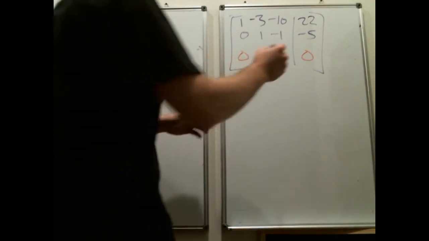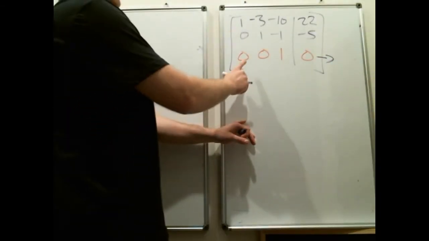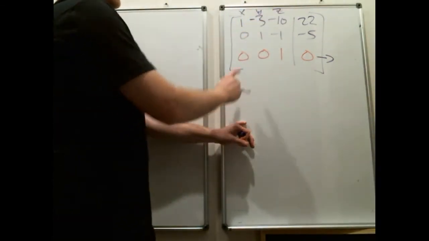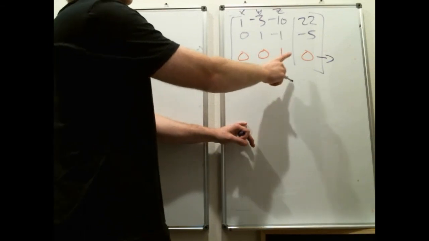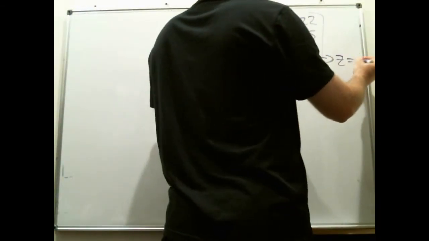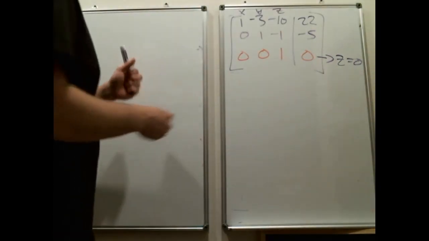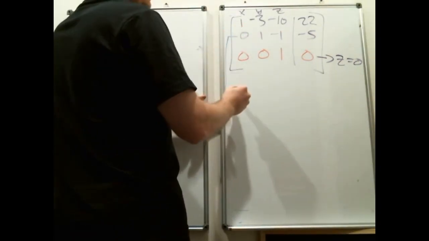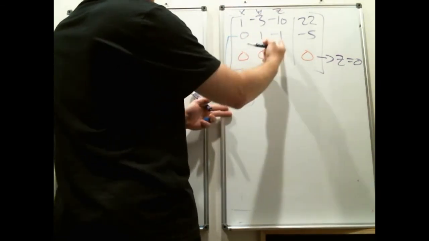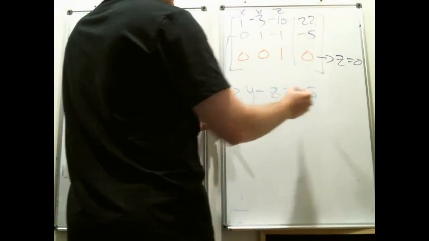Alright, so always start with the bottom and work up. These are your x's, y's, and z's. 0x, 0y, and 1z. So z is equal to 0. Next, let's work on this equation. 0x's, 1y, minus z is equal to -5.